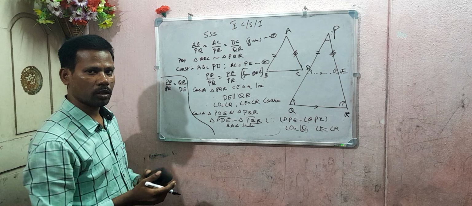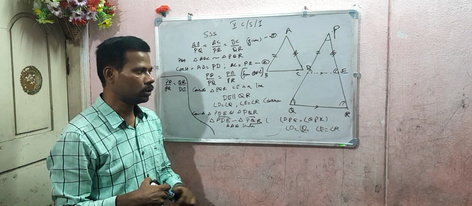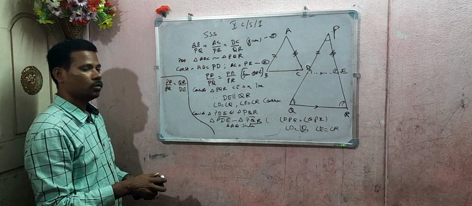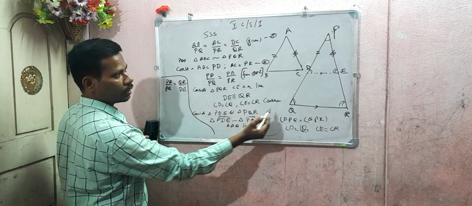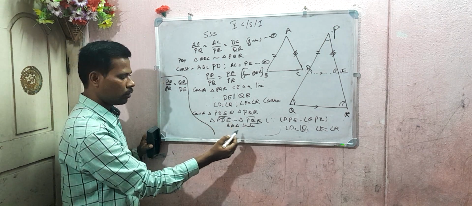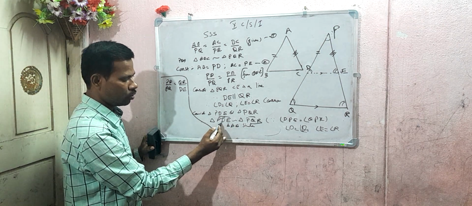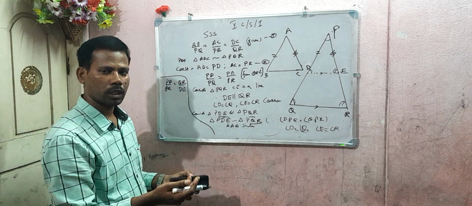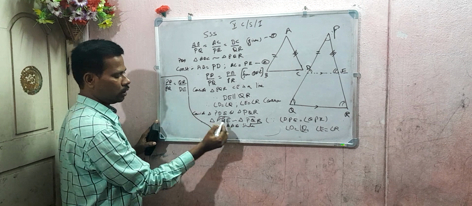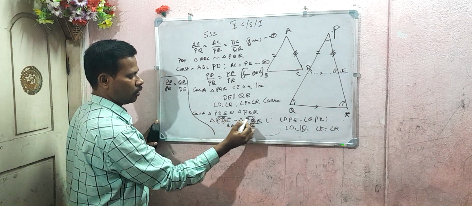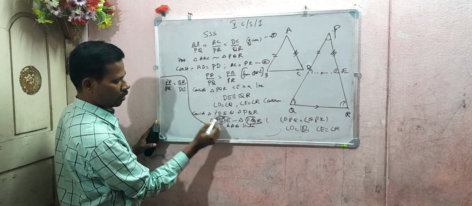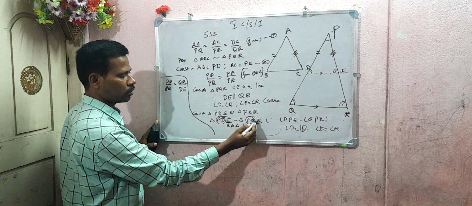I can write like this because the ratio is the same, since these two triangles are similar. Clearly I will explain once again: since the two triangles are similar, I am taking the ratio. If I take the ratio, it will be the same. So PD, PQ, the letters should coincide. Next, QR and DE, last.